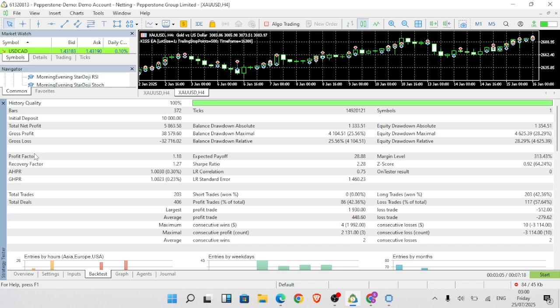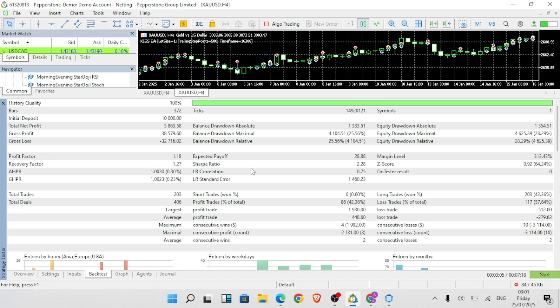The profit factor is supposed to be above 1 for it to be a profitable strategy, and you can see this one is at 1.18. The same applies to recovery factor. Recovery factor is the strategy's ability to recover losses and make profits on top of the losses we have made. So this is really good. It's supposed to be above 1, and it is sitting at 1.27.